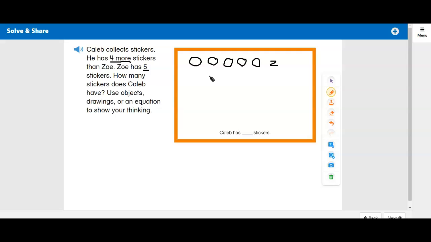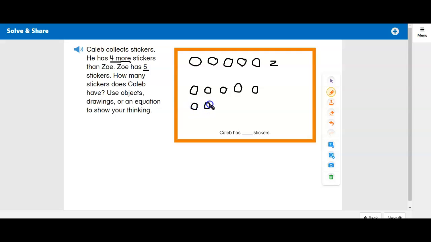Well, if Caleb has 4 more stickers, that means that he at least has 5 stickers like Zoe, because it says he has 4 more. So we are going to draw 4 more stickers.